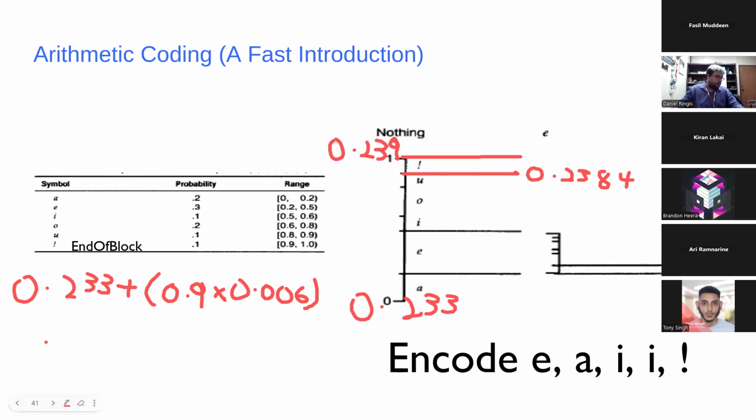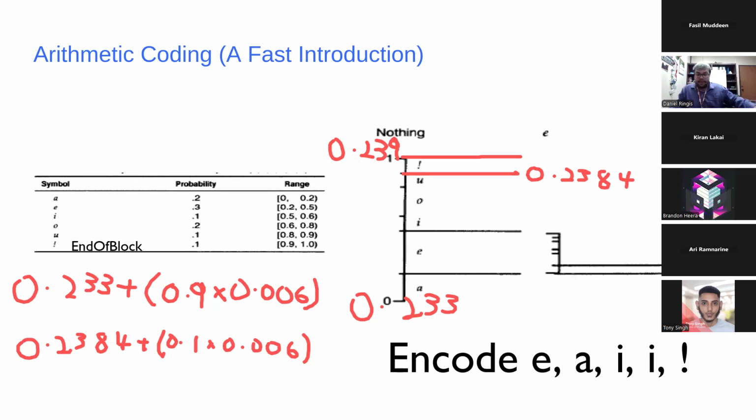And then 0.238 plus 0.1 times 0.006. Oh, we already have it, 0.239.